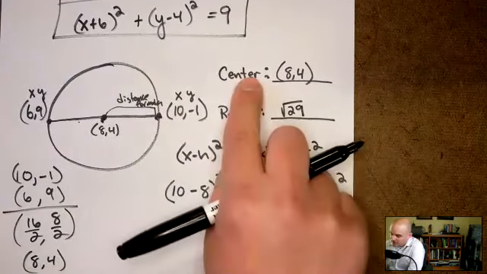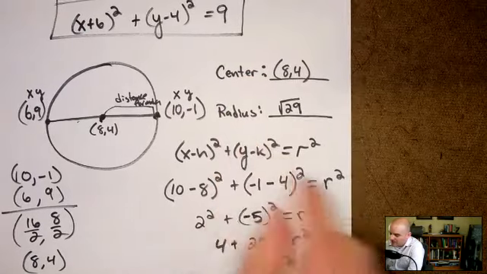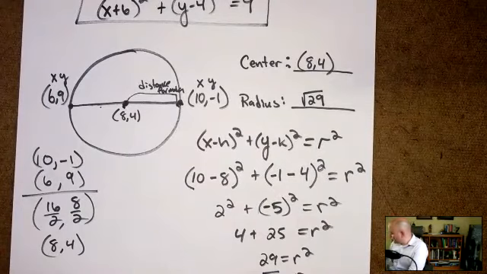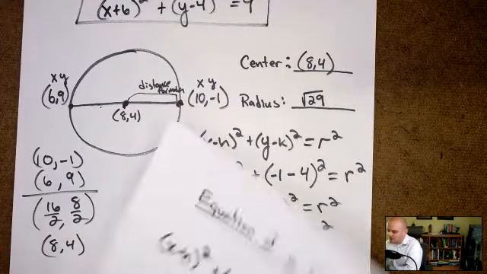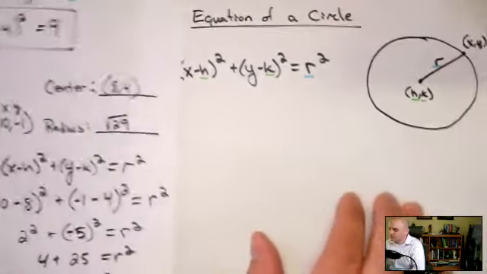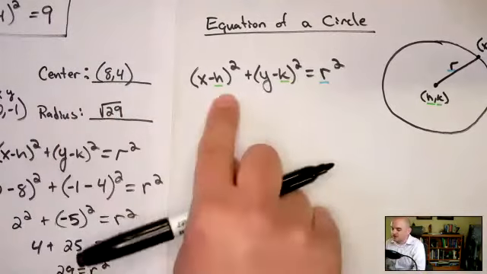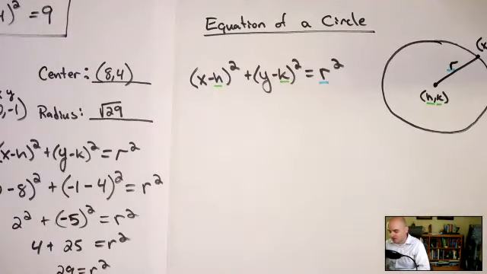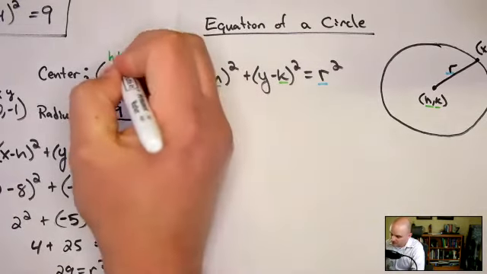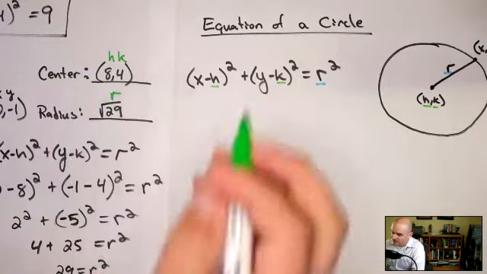So there it is. We found the center, we found the radius, and now we're ready to find the equation of the circle. Let's do that. I'll just use this paper because I don't want to waste another piece of paper. I'm just going to use these facts right here to fill this out. So this is my h, k, and right here is my r.